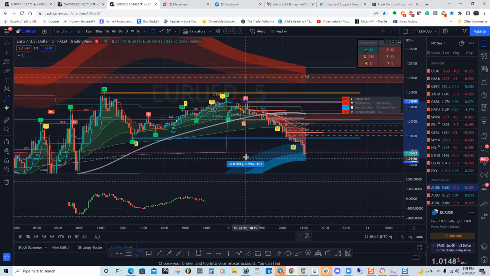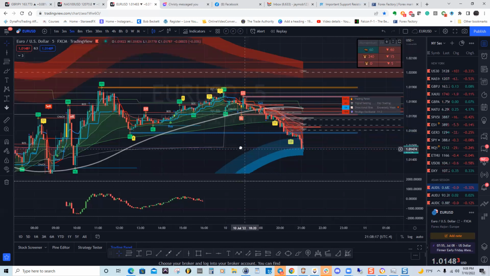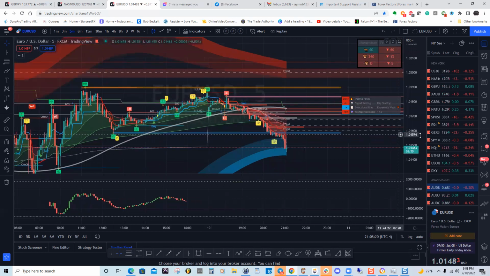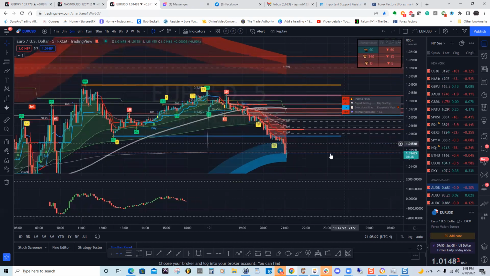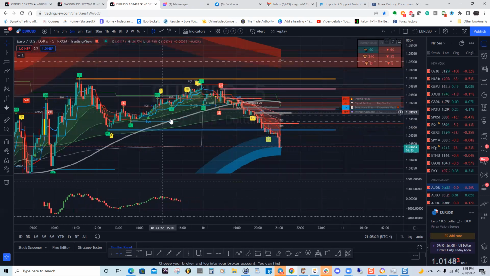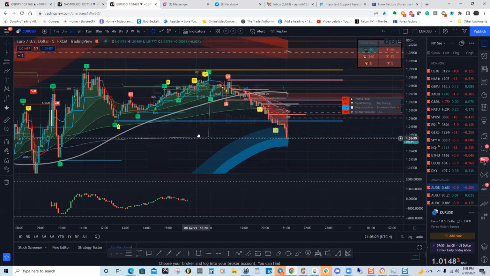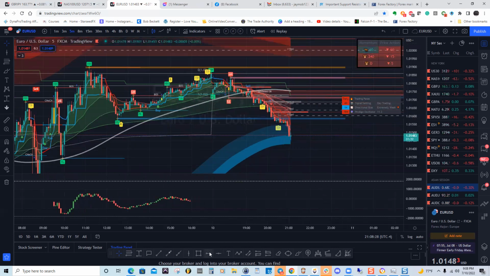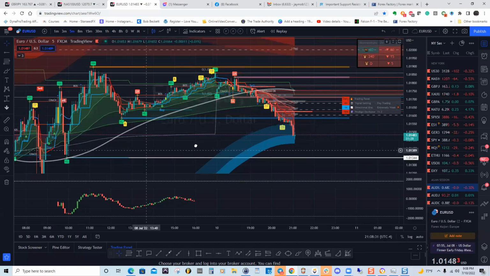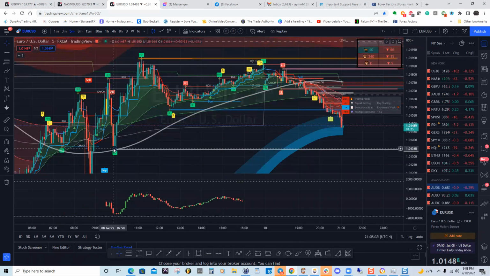So now it's coming back down to a place where we can catch it going back up, I would think. If it comes down to here, look at this, then that might be a nice little entry to go back up to the upside.